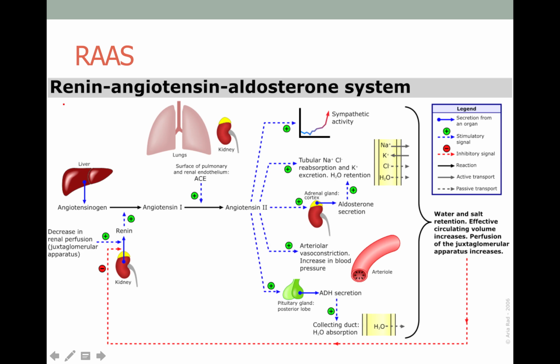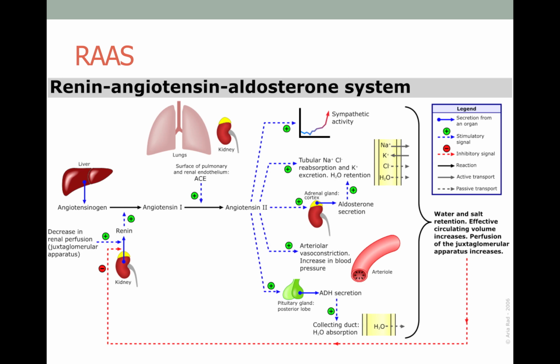This is going to cleave angiotensinogen to angiotensin 1. We see there's another enzyme called ACE, the angiotensin converting enzyme, that is seen not only in the renal endothelium, but also in the lungs, and it cleaves angiotensin 1 to create angiotensin 2, our functioning hormone that's a vasoconstrictor and also serves to retain fluids.